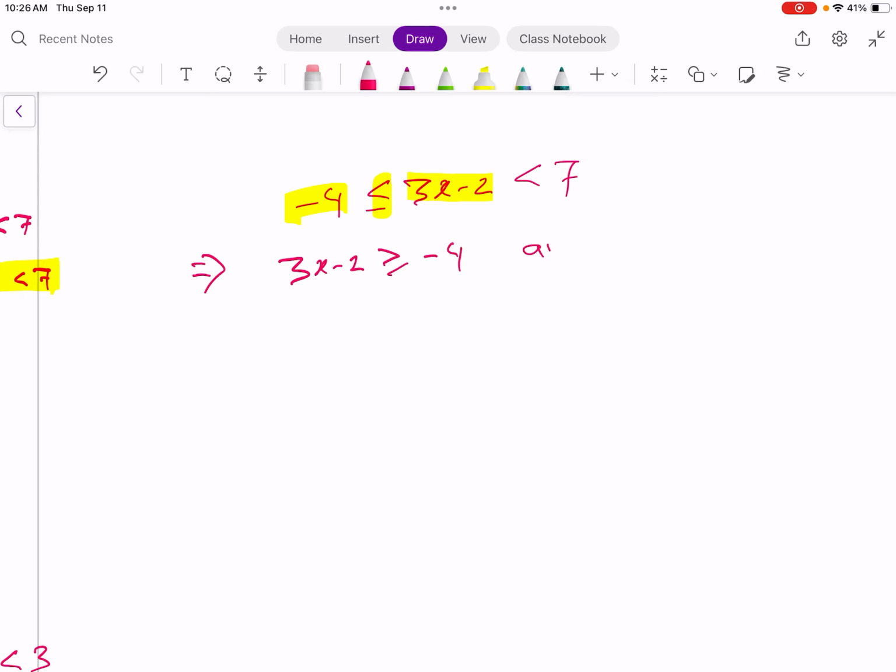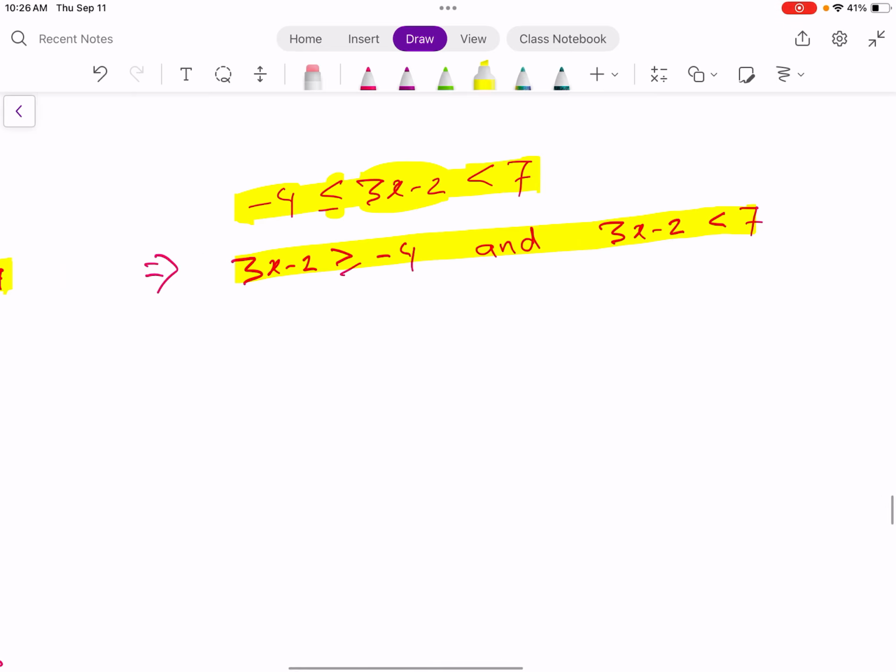Do not forget the word and: 3x minus 2 is less than 7. These two are exactly the same thing. Now let's solve this inequality and this inequality separately.